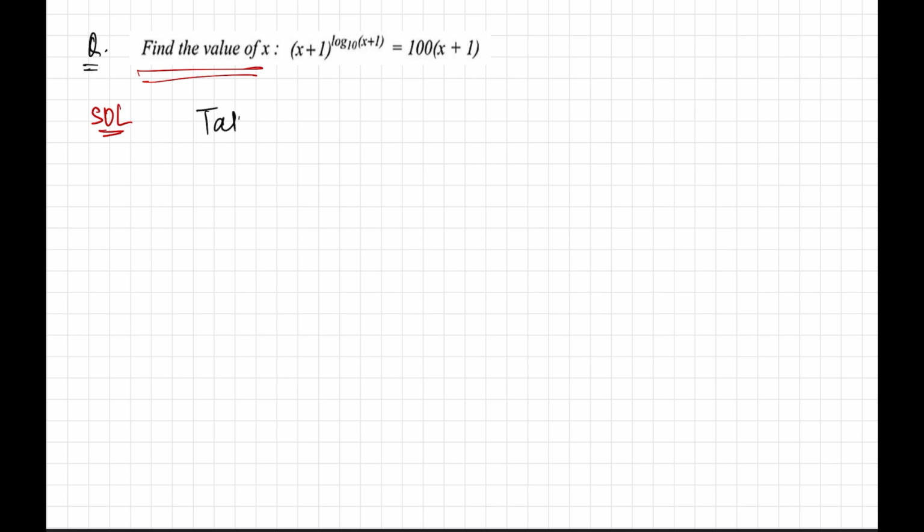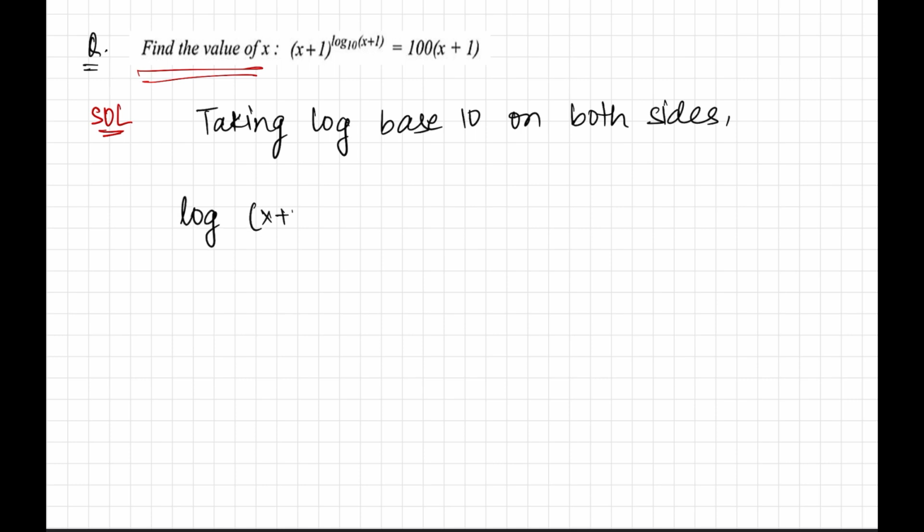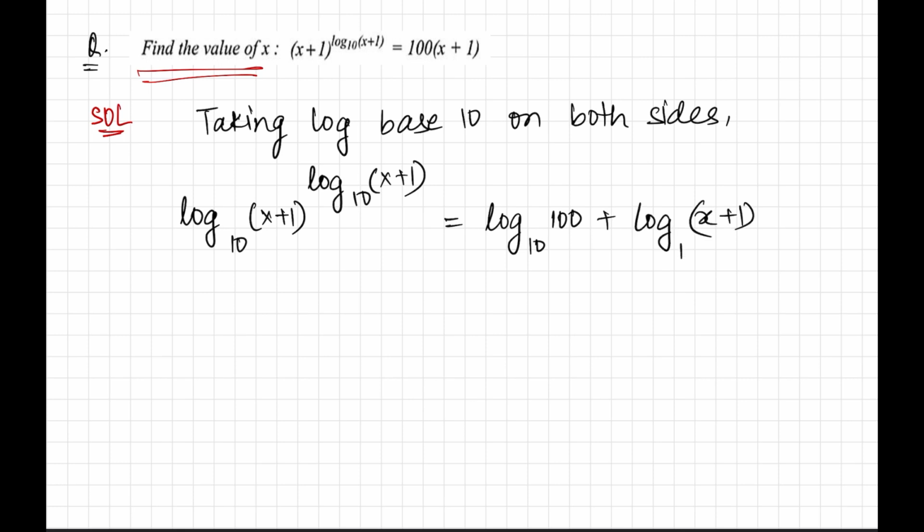So taking log base 10 on both sides, we get log x plus 1 raised to log x plus 1 base 10 is equal to log 100 base 10 plus log x plus 1 base 10.